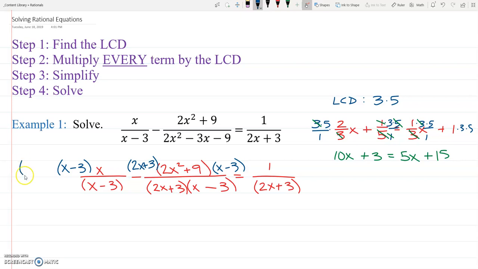So even though 2x plus 3 is not going to cancel with anything in this first term, I still have to multiply by that, because whatever I'm multiplying by, I've got to multiply by in all 3 terms. Same thing in all 3 terms. Okay? Which means, in this last term, I also have to multiply by 2x plus 3 and x minus 3. Well, heck yeah! 2x plus 3 is going to cancel that 2x plus 3, so that's a great thing. That denominator is going to cancel out also.